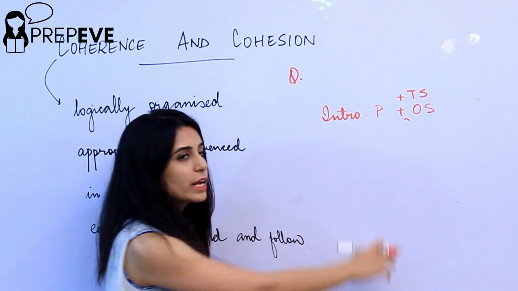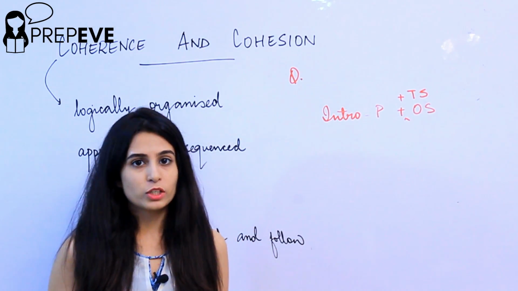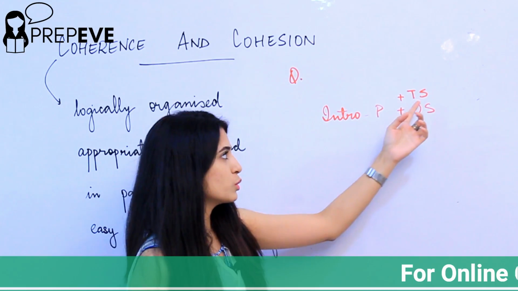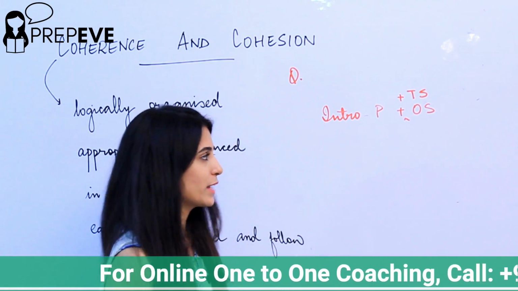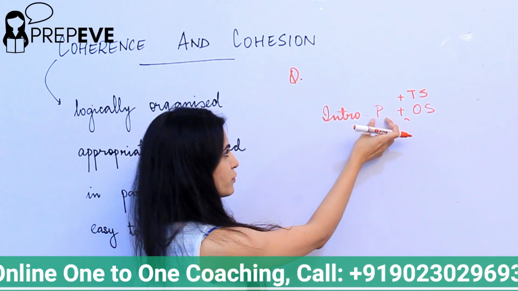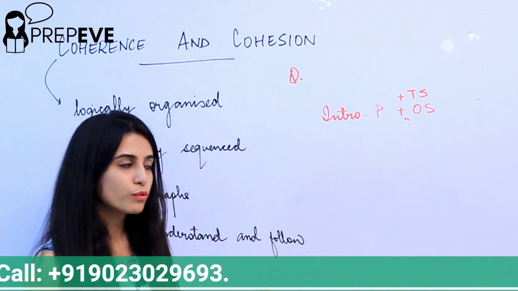The thesis statement is only written in case of opinion questions. In case the question asks you about your opinion, that's the only time you write the thesis statement. Otherwise, you have to paraphrase and write the outline sentence. I hope I'm clear so far.